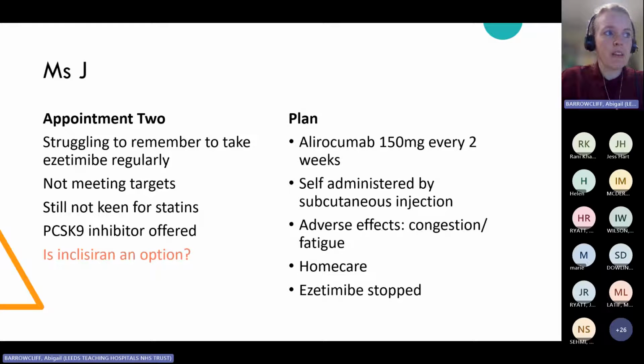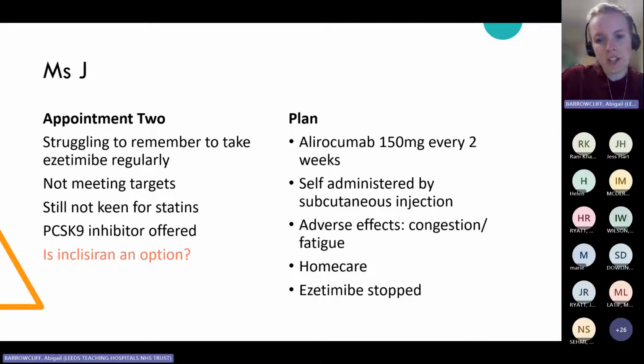The NICE TA for PCSK9 inhibitors recommend treatment only when LDL cholesterol is greater than 5 millimoles per litre when we want to use it for primary prevention in an FH diagnosis. Ms. J's was well beyond that, so treatment with alirocumab was offered and accepted.